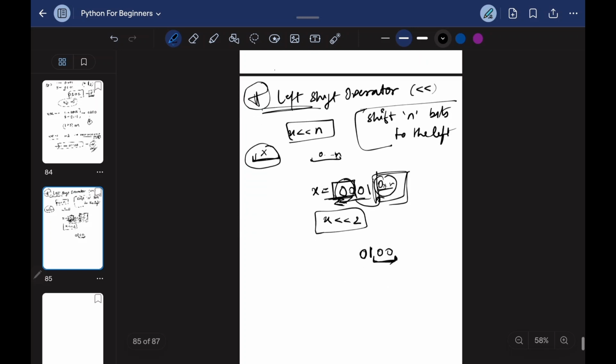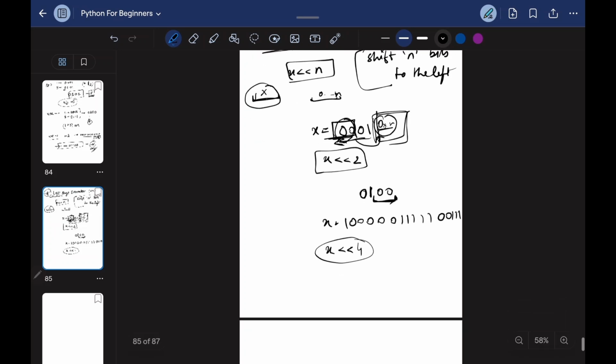Similarly, if I have x as a 16-bit binary number, I'll just add 1 in the front. Now if I do x left shift, let's say 4.